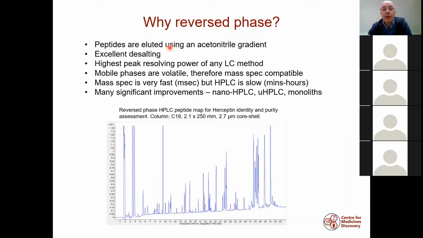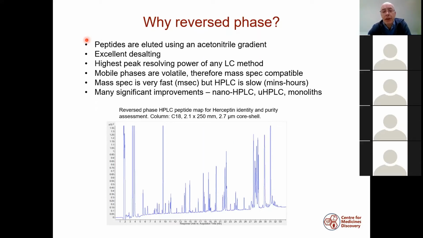So reverse phase is a particularly good separation. Usually this is done with peptides, and they're eluted using an acetonitrile gradient. It does a number of things. First of all, it gives you excellent desalting. As we've discussed previously, desalting is very important.